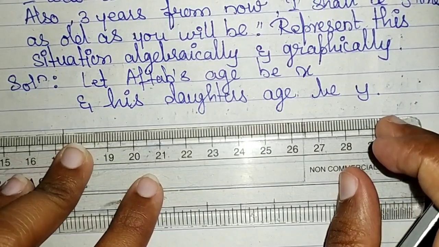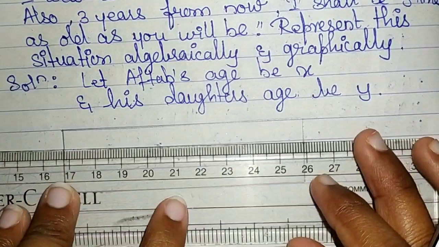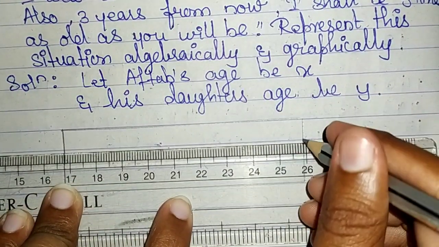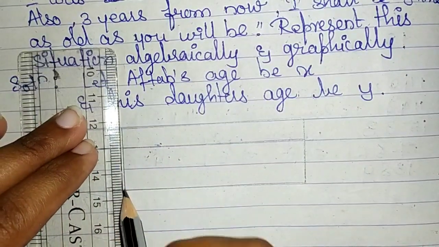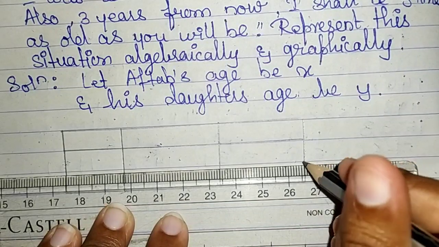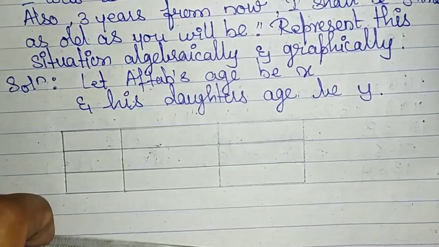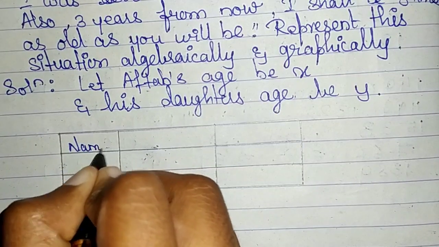Now let us write down how many years ago and whose age we are dealing with. So first column, this is all we need, 3 by 3 columns. So write down the name of the person.